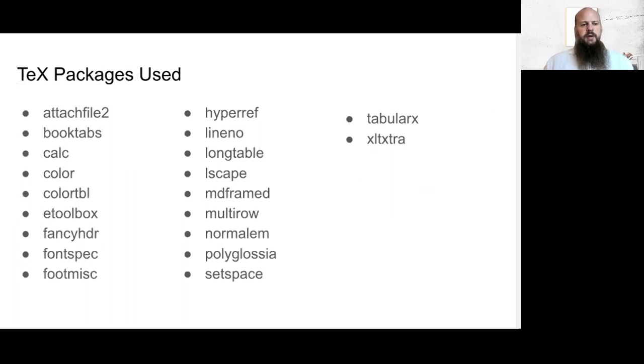But these are the 20 packages that we do use in the XLingPaper distribution: attachfile2, booktabs, calc, colortbl, etoolbox, fancyhdr, fontspec, footnotehyper, hyperref, lineno, longtable, lscape, mdframed, multirow, normal, em, polyglossia, setspace, tabularx, and xltxtra.